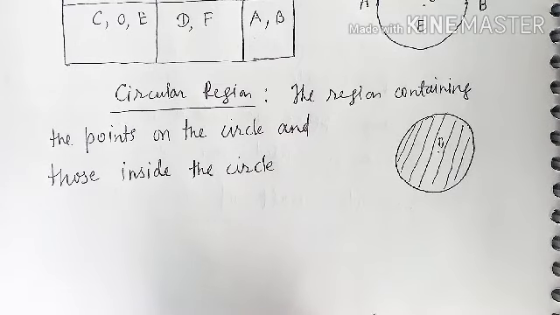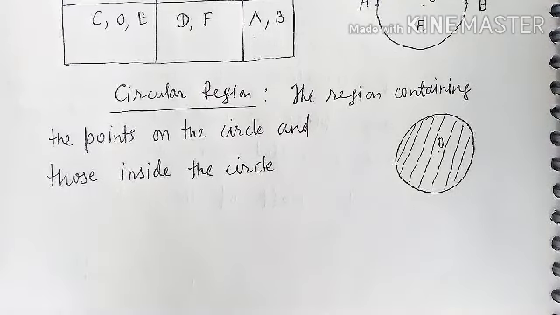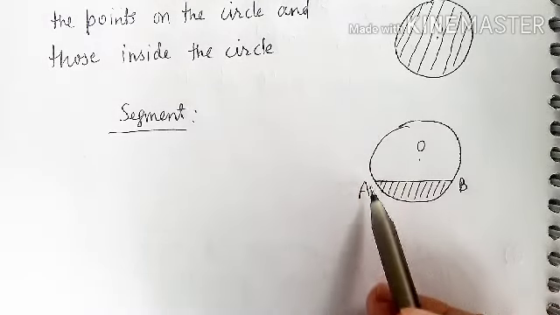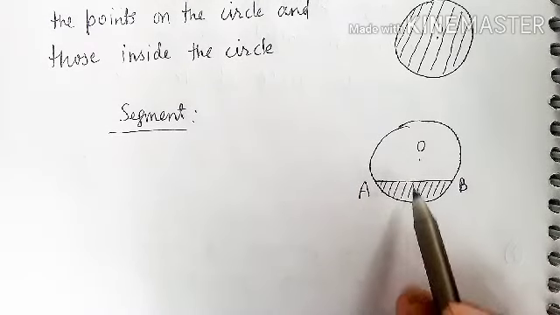Let us define segment. Here AB is the chord. It divides the circular region into two parts.